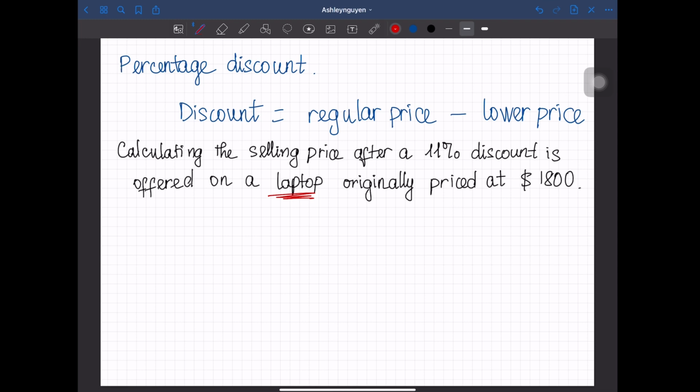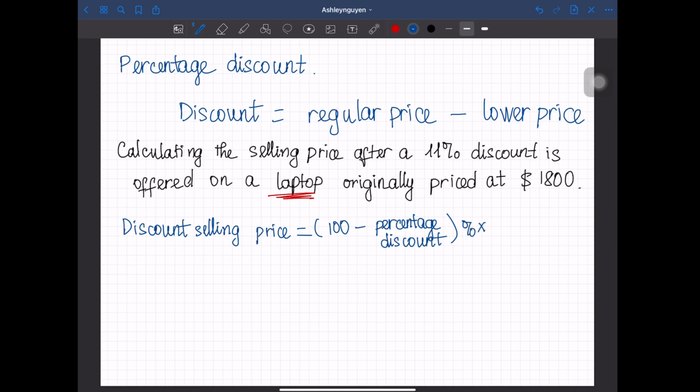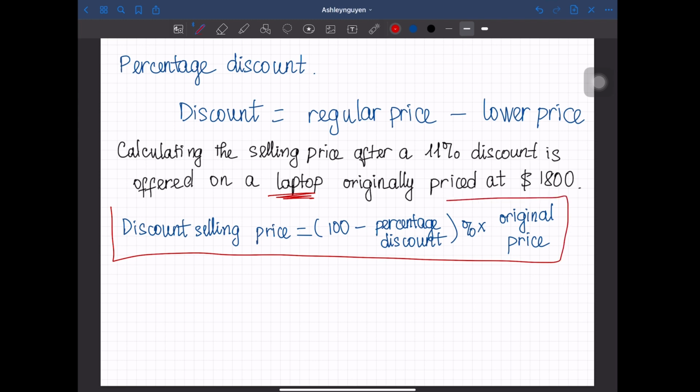To calculate the discount selling price, we will use this formula: discount selling price equals 100 subtract percentage discount, percent, times original price. I will highlight the formula first.